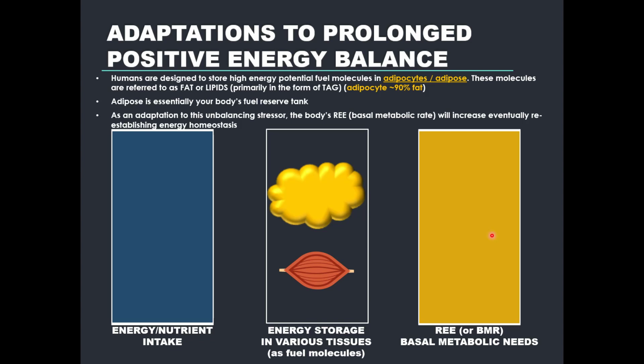And this is to the point where it generally matches how much energy you consume. So once this adaptation is complete, there is now no more positive energy imbalance. There is no more surplus. At this point, energy homeostasis or balance is reestablished, and there is no more surplus and thus no more weight gain. More specifically, no more increase in adipose mass.